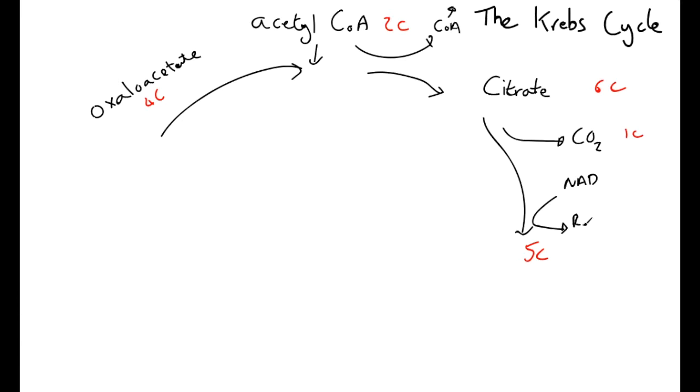So we end up with reduced NAD, and this leaves and goes somewhere else, which I'll explain in a minute. So we had step 1, formation of this, and we got step 2, the formation of the 5-carbon compound. I'll actually write that 5-carbon compound.